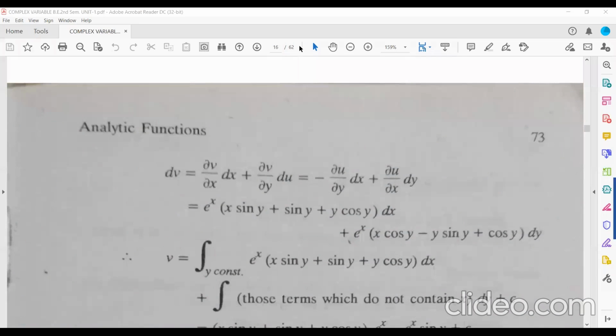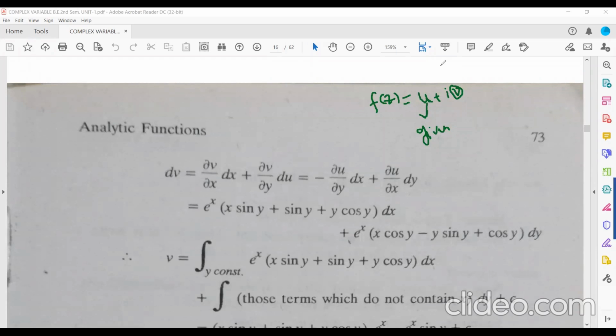Since u is given, f of z is of the form u plus iv. In your problem, this is given, so you need to find v.